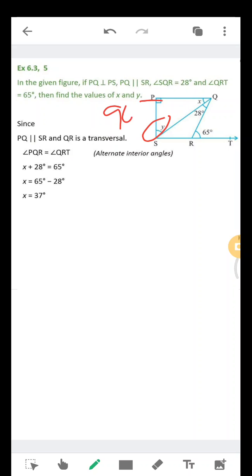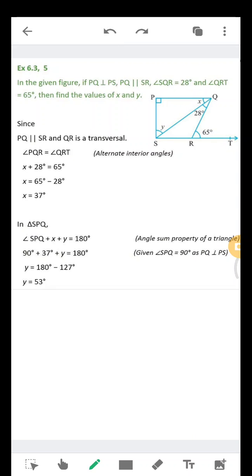This is 90 degrees. X is 37. So I can use this triangle PQS and easily find the value of Y by using the angle sum property again. Let's see how to find the value of angle Y. For that I have taken the triangle SPQ. SPQ plus X plus Y is equal to 180. This is a right angle triangle. SPQ is already given as 90 degrees because the lines are perpendicular.